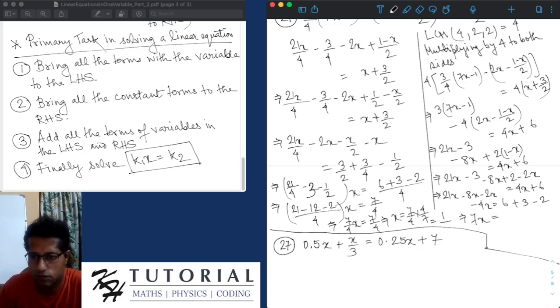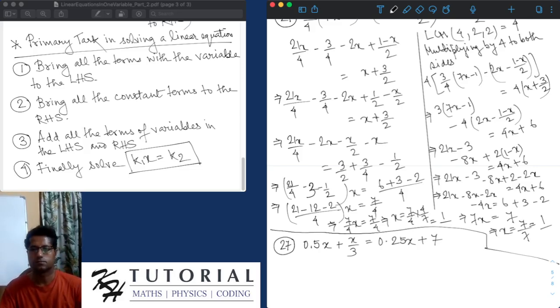And on the right hand side also we are getting 9 minus 2, that is 7. This implies x equals 7 by 7 equals 1 is the answer.